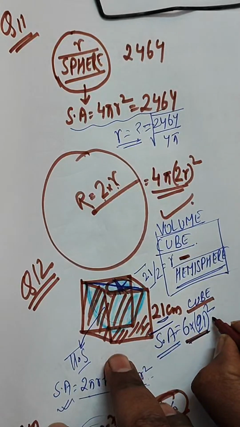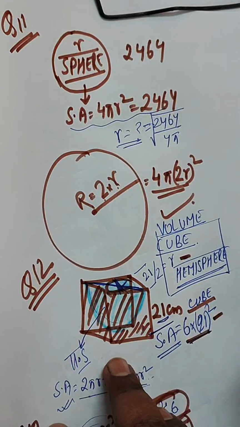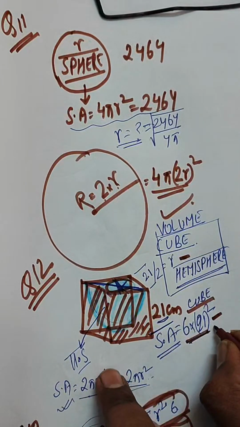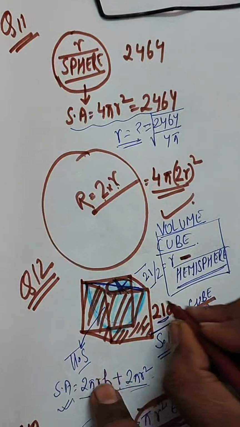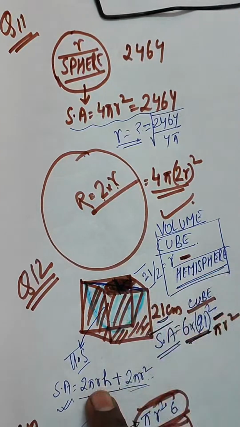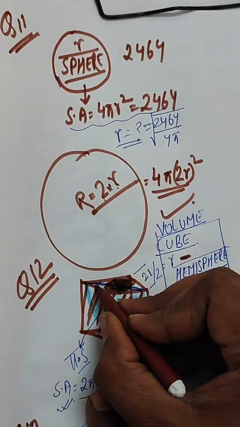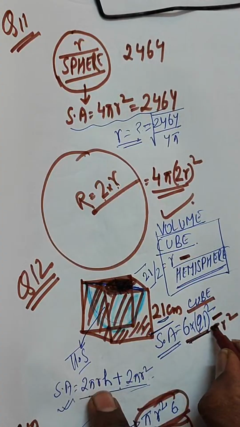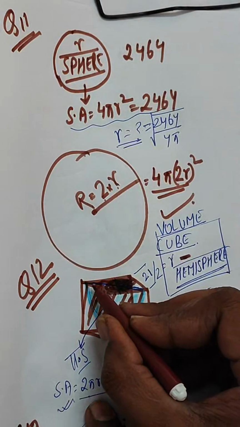So minus the area of the top of the hemispherical part, that is equal to pi r square, because this will be a circle, and if this circle is carved out, this will be subtracted. We are going to find out the remaining area from this hemisphere.